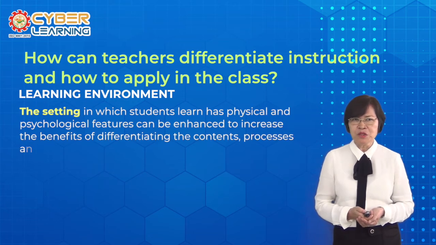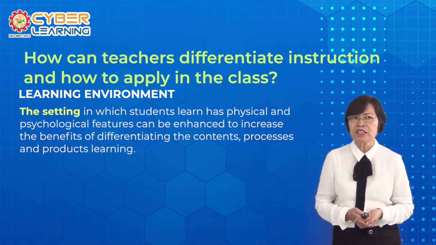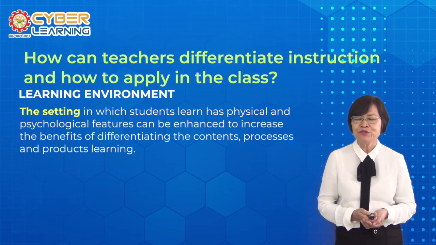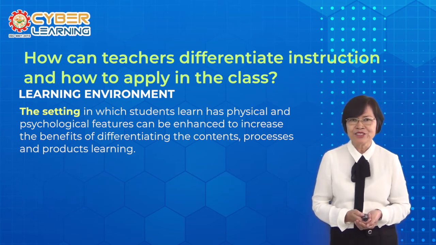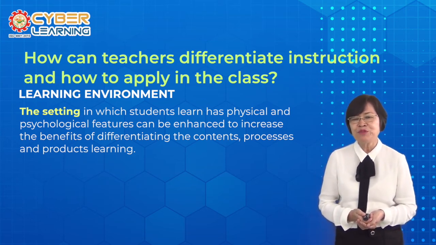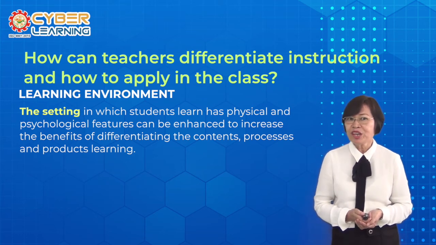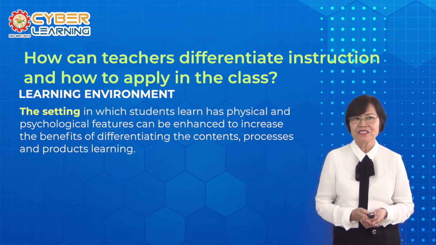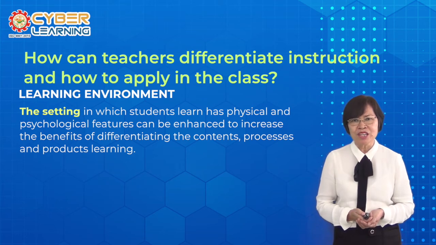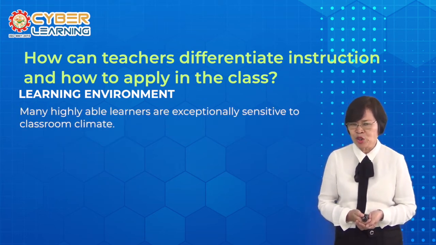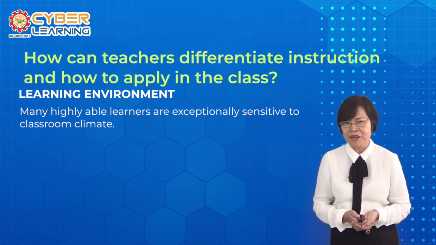The setting in which students learn has physical and psychological features that can be enhanced to increase the benefits of differentiating the contents, processes, and products of learning. Many highly able learners are exceptionally sensitive to classroom climate.